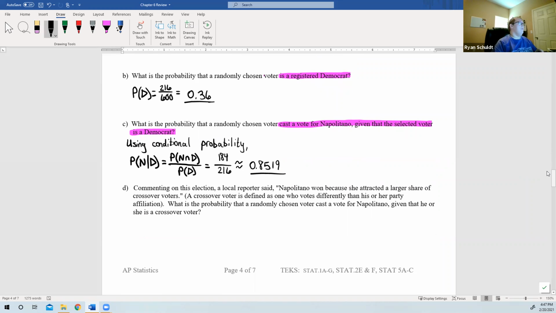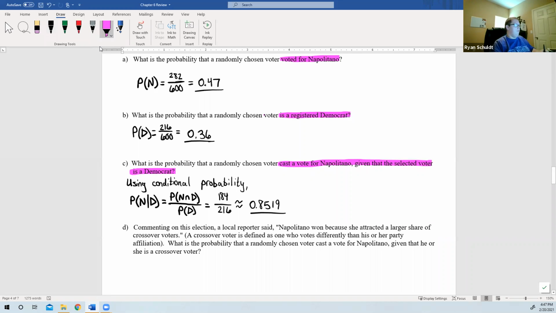Commenting on this election, a local reporter said Napolitano won because she attracted a larger share of crossover voters. And then they say a crossover is a voter defined as one who votes differently than his or her party affiliation. So that would be like a Republican voting for a Democrat, an independent voting for a Republican. They don't match up. So in our case, what's the probability that a randomly chosen voter cast a vote for Napolitano given that he or she is a crossover?